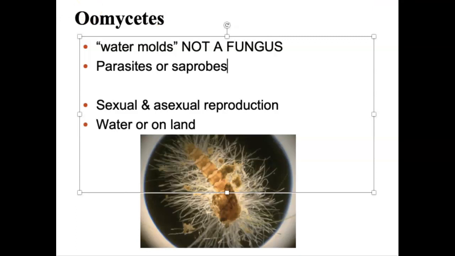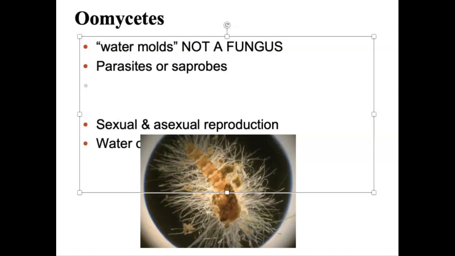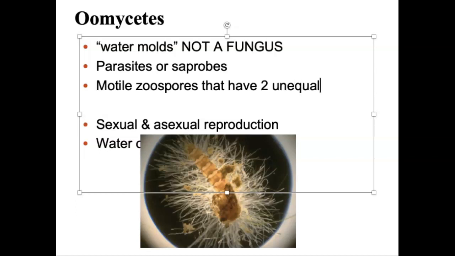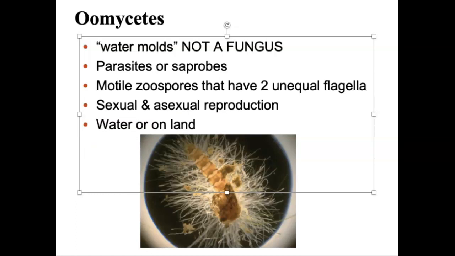So when we look at them, they have a mobile stage in their life cycle called zoospores. And those zoospores have two unequal flagella on them.